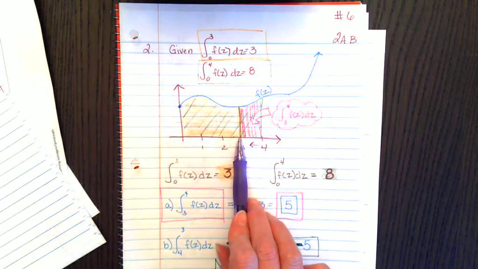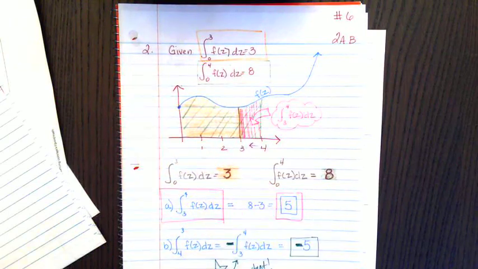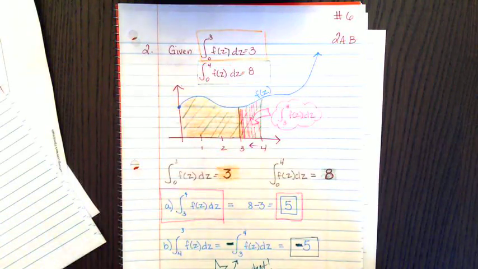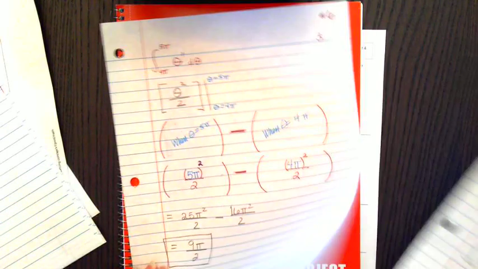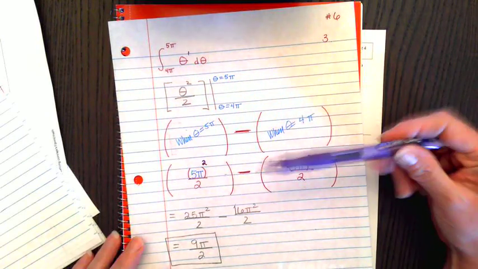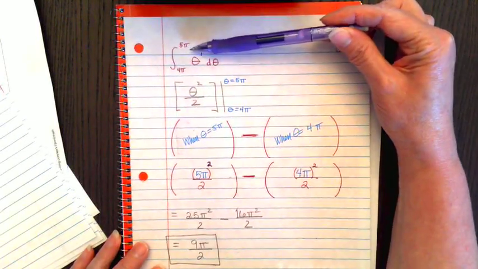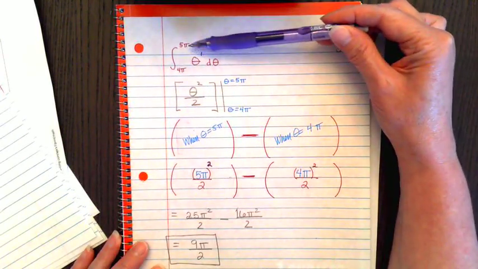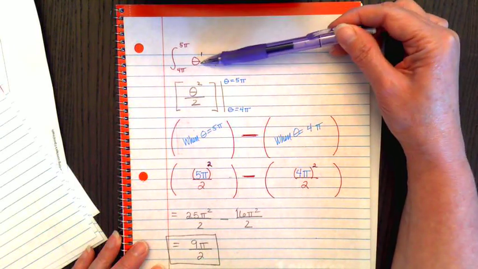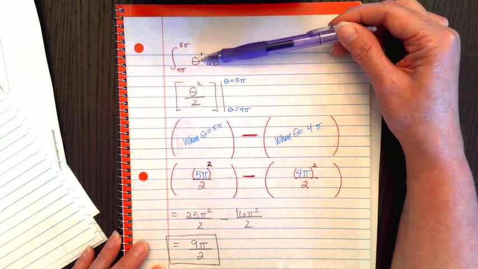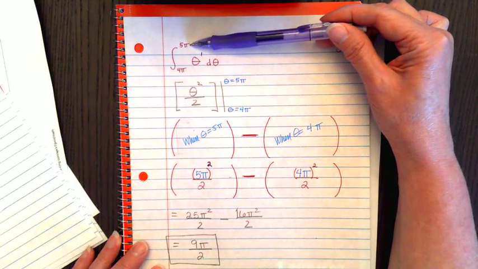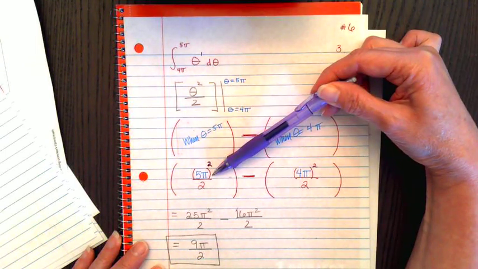So problem number 2 leads us right into this problem number 3, where we say that this total is going to be the area under the function from 0 up to 5 pi. So that's when we let theta equal 5 pi. And then subtract from that the area up to 4 pi.